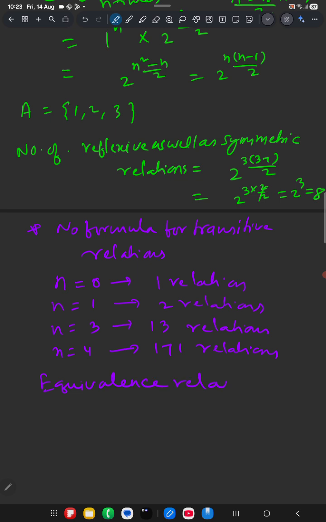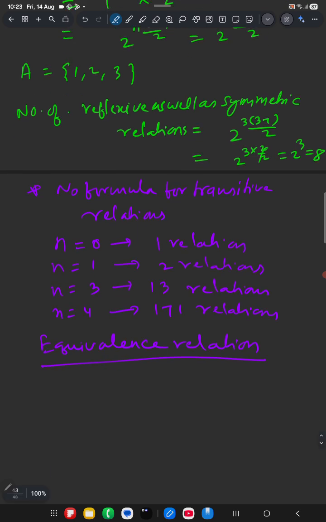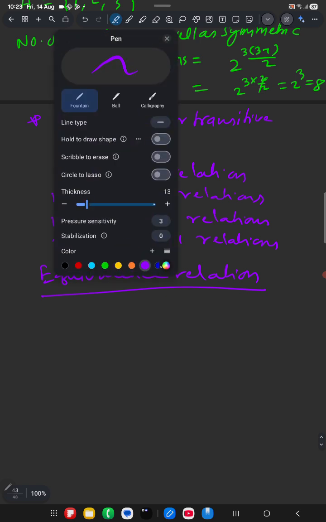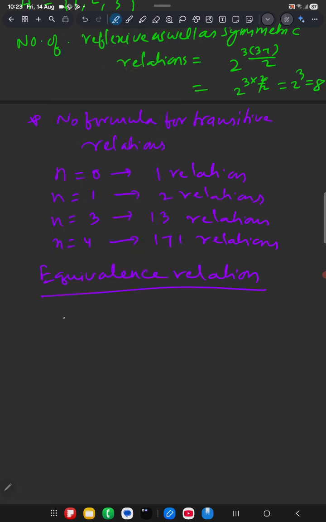And for the equivalence relation, I have already given you in my shorts that it works like this. Suppose you have a set containing one element, then there will be one. In a set containing 2 elements, it will be 1 and 1 plus 1, 2. Then this 2 comes here. For a set containing 3 elements, 2 plus 1 is 3, and 3 plus 2 is 5.